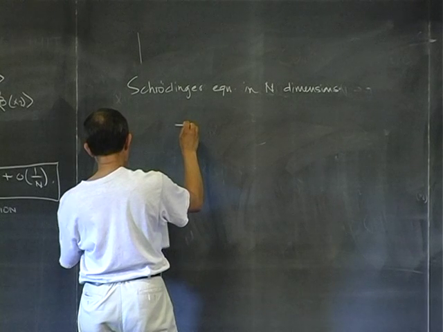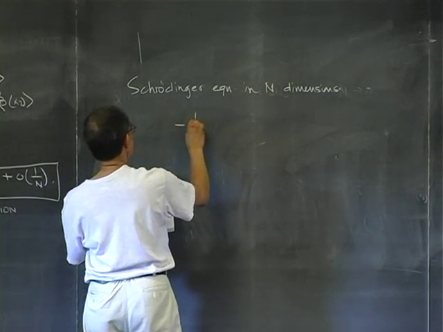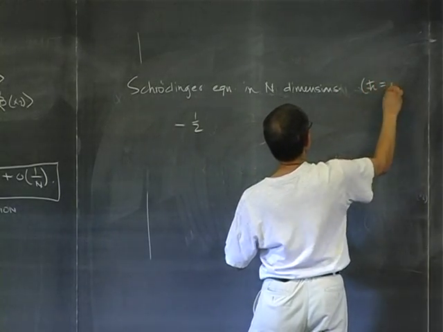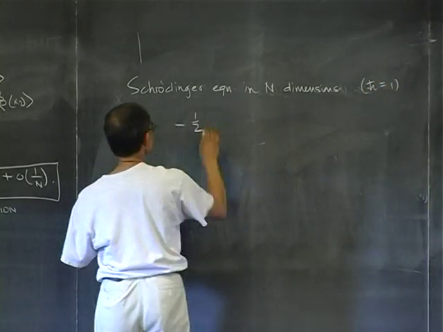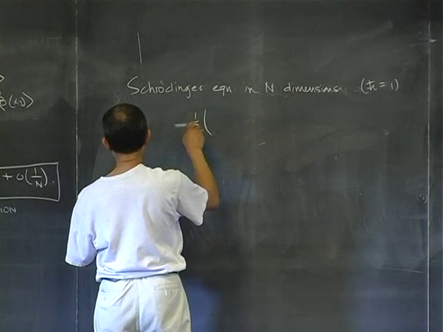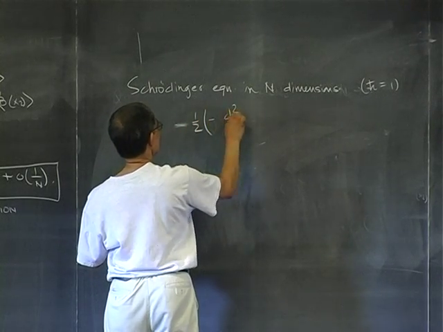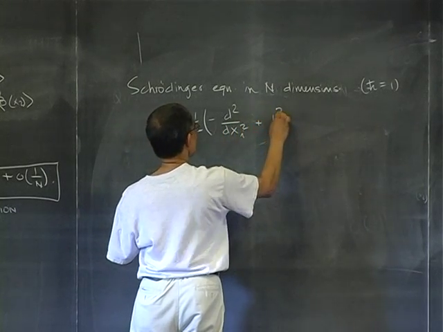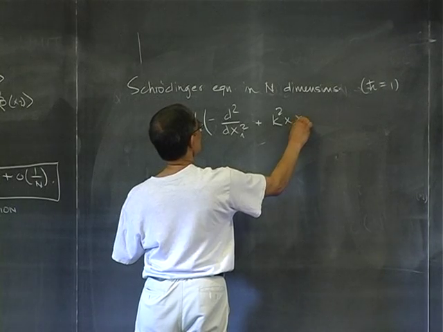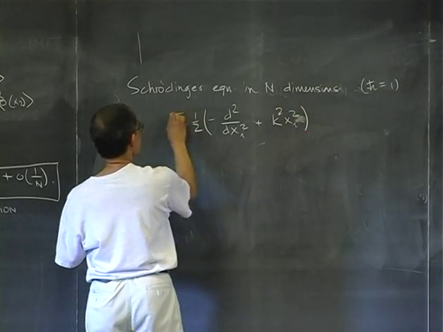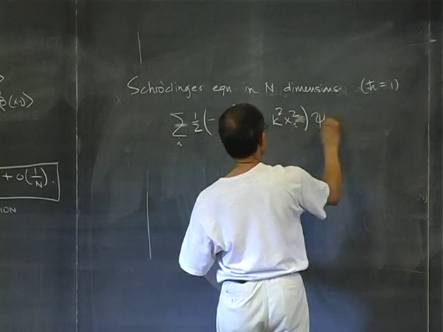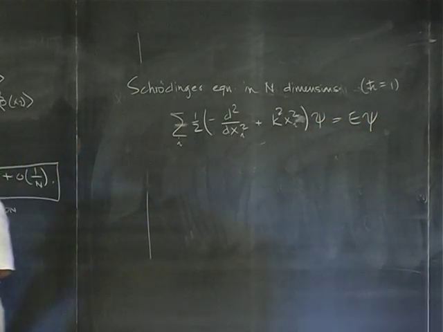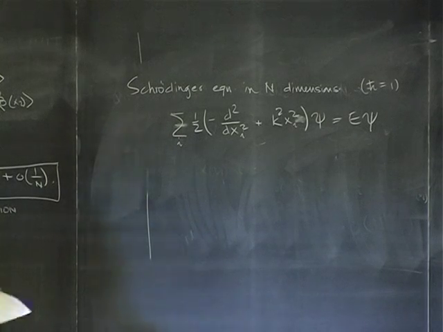So you want to solve, I'll put h bar equal to 1 just to emphasize what is happening, the Hamiltonian acting on some wave function is E psi, and my problem is to solve for the various possible E's and the wave functions.